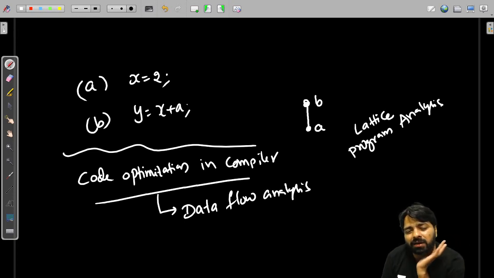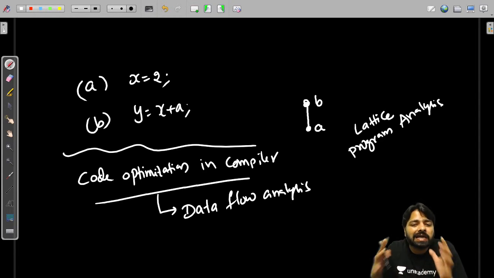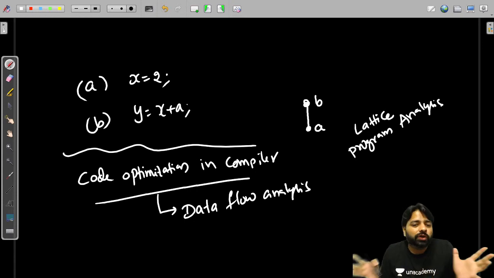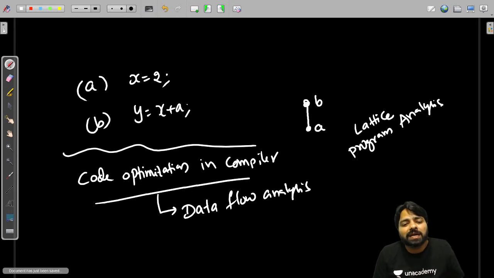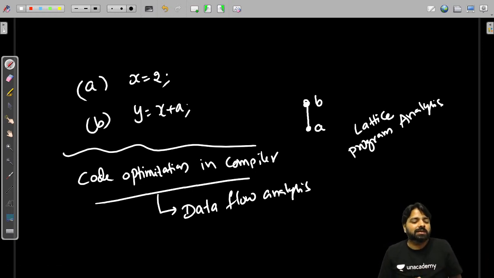It is the best example to understand which statements are going to be a meeting and joining. Yes, everybody, this is the practical example where lattice theory helps to build code optimization techniques.